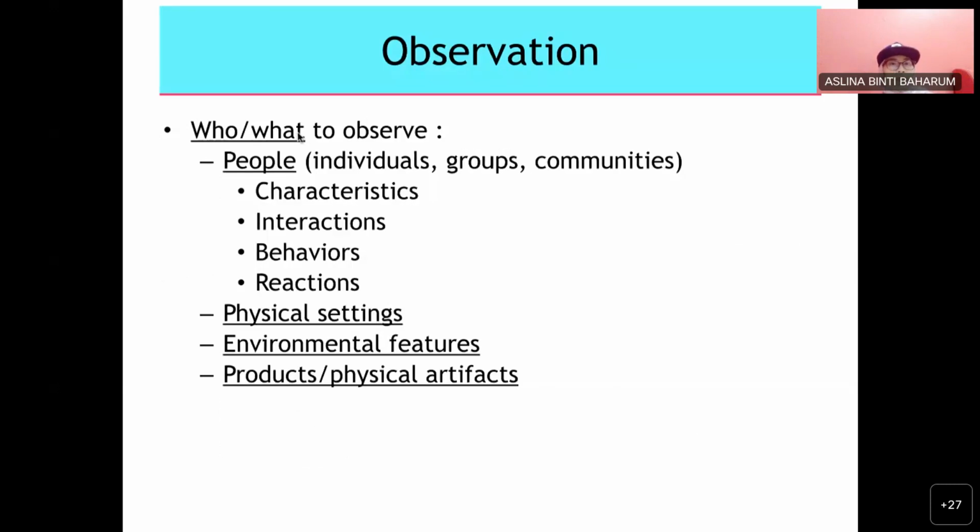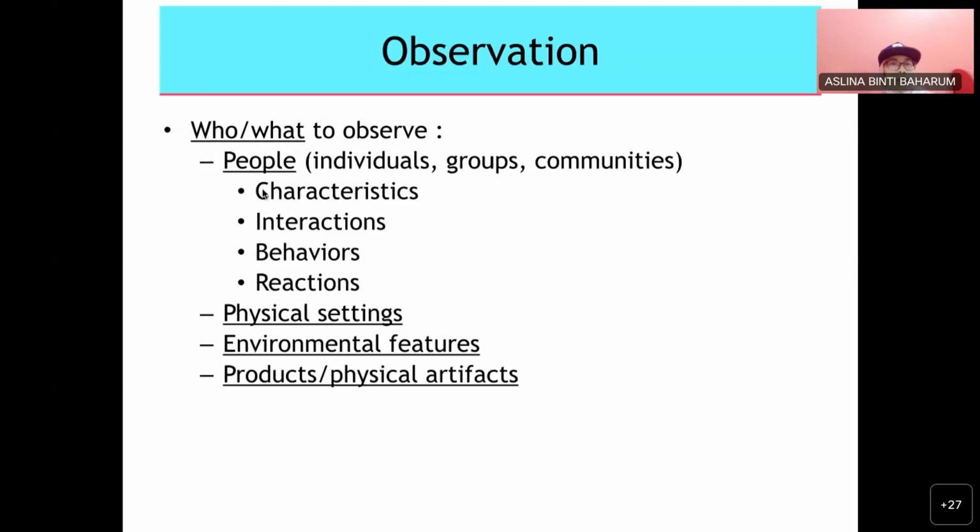Who or what to observe? One, people, the users, individuals, groups, communities, where what you want to observe is the characteristics, the interactions, the behavior, the reactions. So same example just now. You want to propose opening a mall in UiTM Jasin.